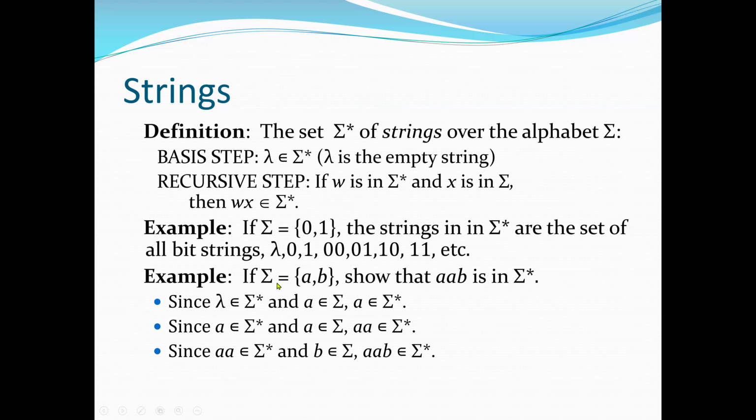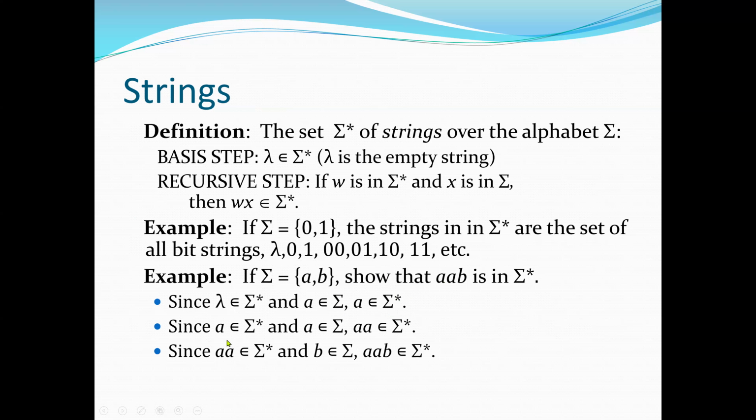So for example, if I have a string AB, this will show that AAB is in the string also. So we know the basic step will be lambda, because lambda stands for the empty string. So we say the empty string belongs to the star and A belongs to the star.